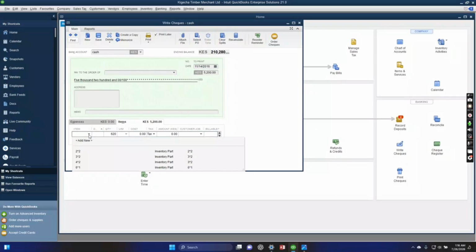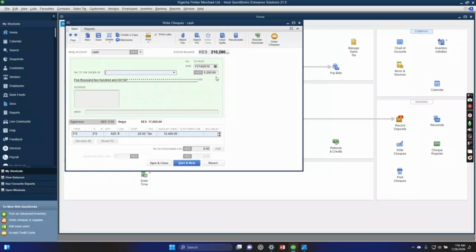It's not on the list. This is 3x2. Let's see. Three by 2, 620.